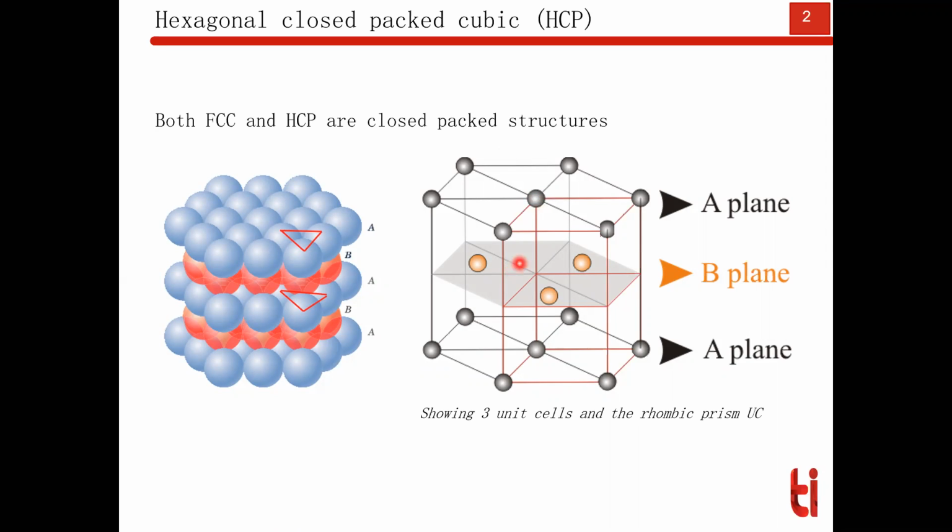And in between these 2 basal planes, you have an intermediate plane which is marked with yellow color balls. You can precisely see there are only 3 atoms in that plane, which lies in the middle of the unit cell. That means they are completely within the unit cell.